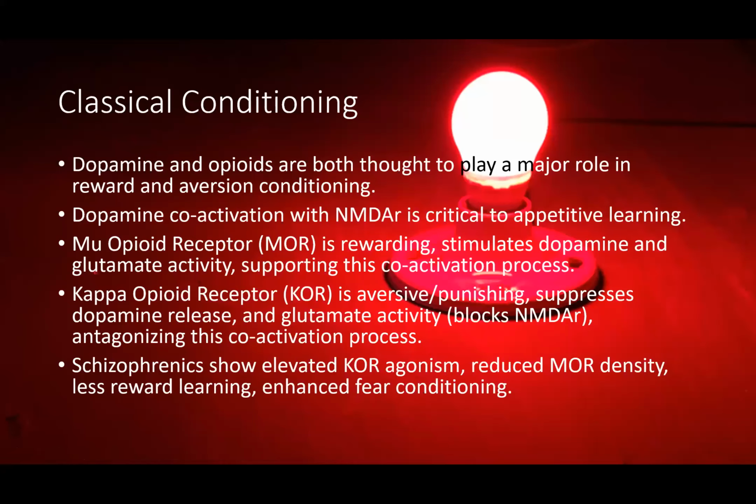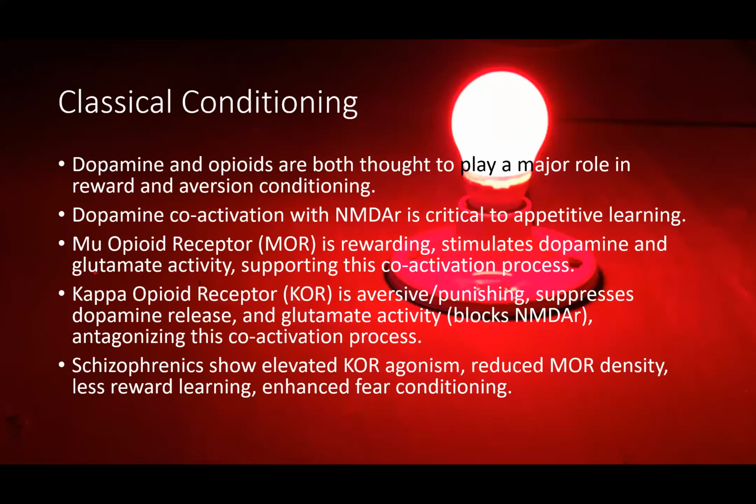Next, we have classical conditioning, which is something that's usually talked about in terms of dopamine and sometimes also endogenous opioid chemicals. Both of these are thought to play a major role in reward and aversion conditioning.